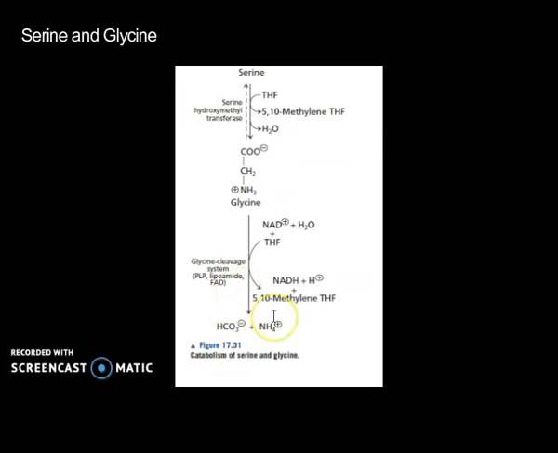Catalysis by the glycine cleavage system requires an enzyme complex containing 4 non-identical subunits. PLP, lipoamide, and FAD are prosthetic groups, and NAD+ and tetrahydrofolate are co-substrates.